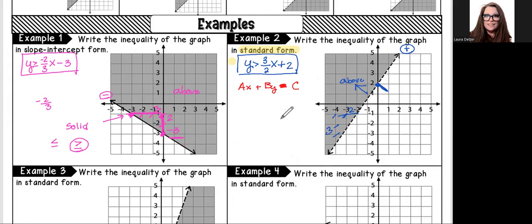Okay, so we got to get my a and my x on my left-hand side. Right now, they're on opposite sides. And notice that my x is a fraction, which means this here in front of this cannot be a fraction. So we're going to have to work with that fraction too. So let me go ahead and rewrite it. Because I cannot have a fraction with my x, I'm going to multiply this whole shebang by 2.